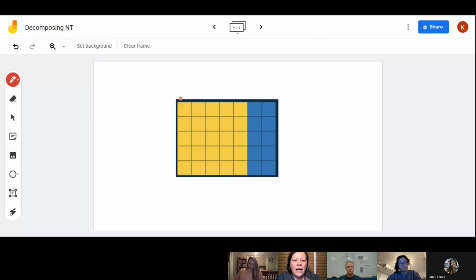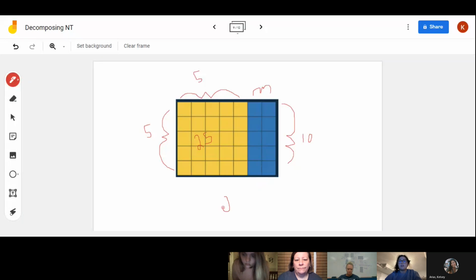It was 5 columns and 5 rows, and that multiplied is 25. Then in the blue there were 2 columns of 5, and that was 10. And then I said 25 plus 10 was 35. 25 plus 10 is 35, I heard you say.